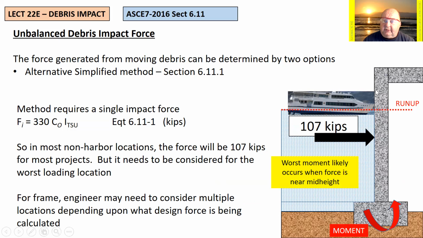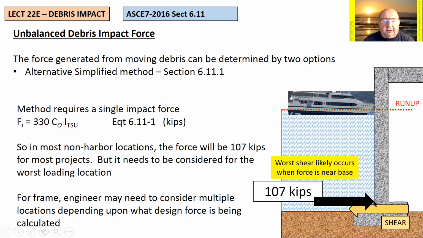But when we get to something like a frame, then we have to begin to think about some alternative locations. If I'm trying to determine the moment on the bottom of this frame, it may be that the worst position for this load is somewhere near mid-height of that column.